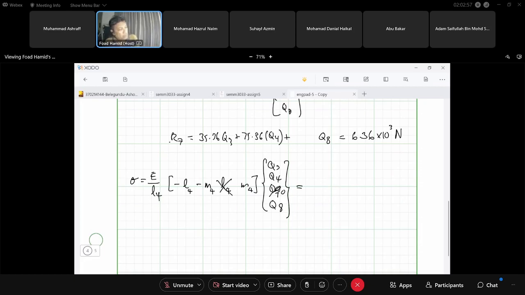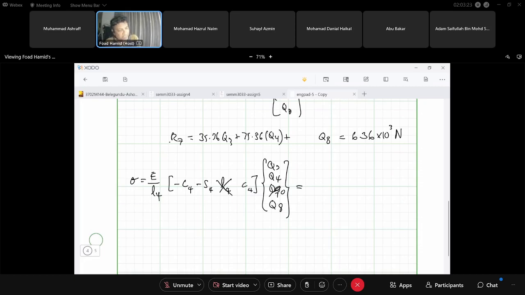So this should equal to, we know already what is L4. This is confusing. This is the element, but this is the sine, cosine. So let me change the sign here, because L is used. So C4 cosine, minus S4 sine, and this one is C4.